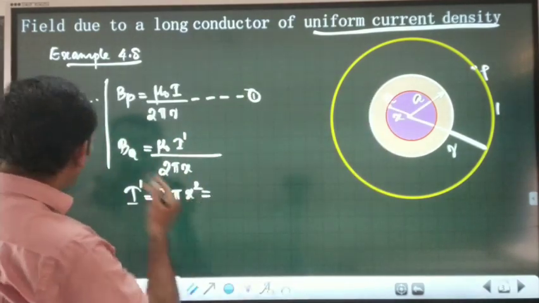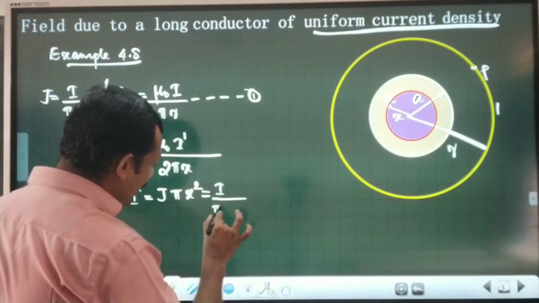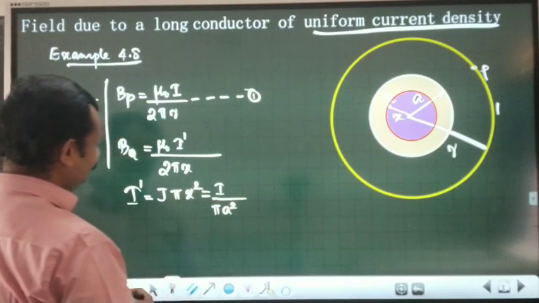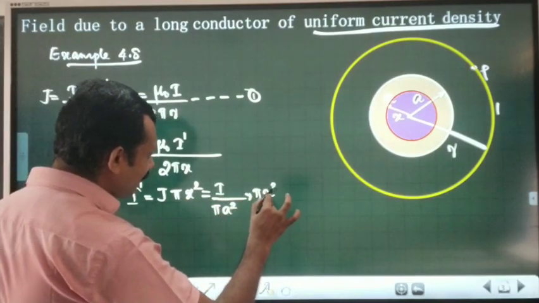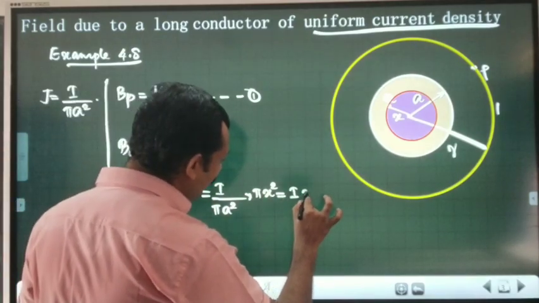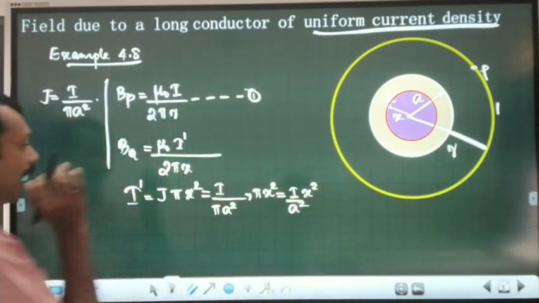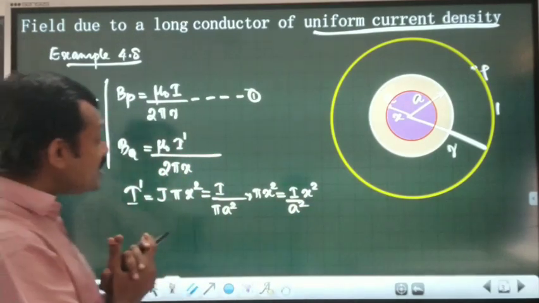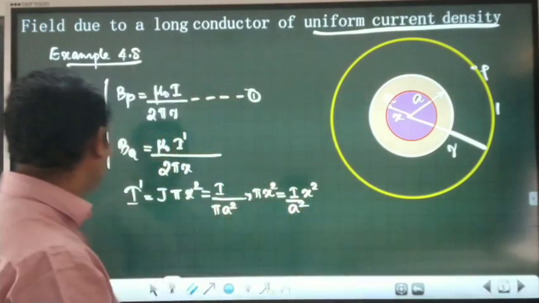Already we have it on the board: I divided by pi a square, multiplied by pi x square. So I dash is equal to I into x square divided by a square.